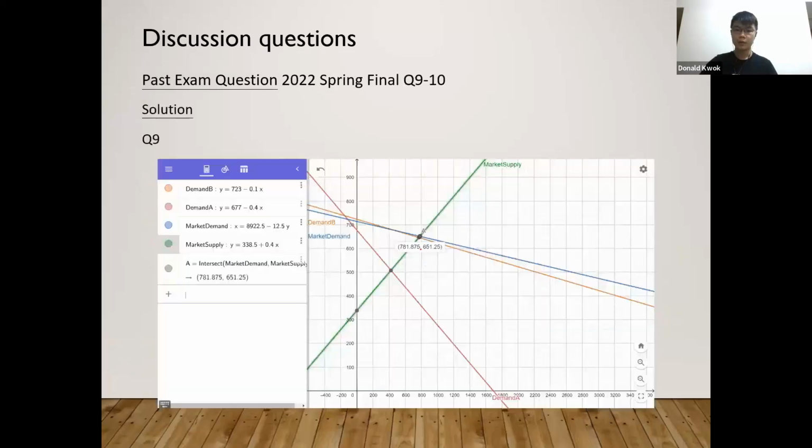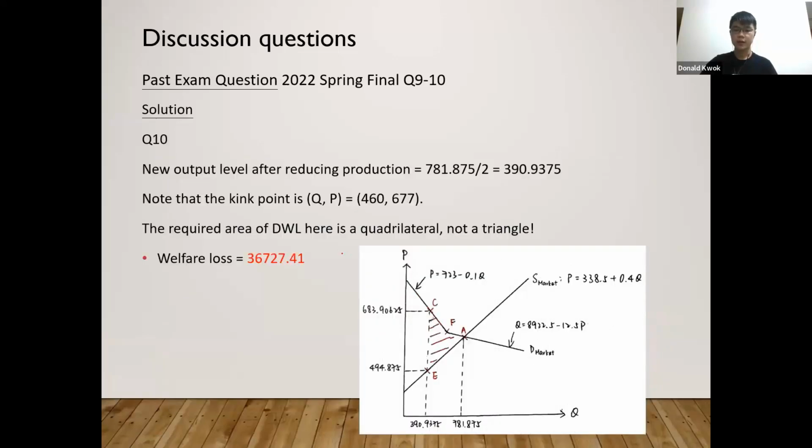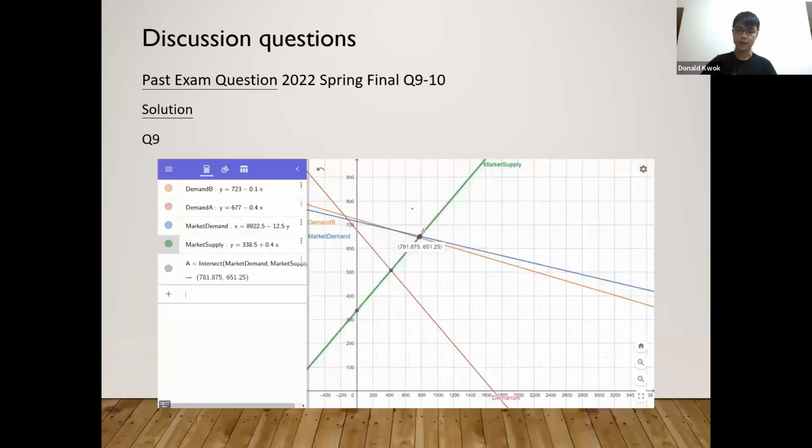The intersection between the combined demand curve and the given market supply would be the equilibrium point. Graphically, it will be point A here. If you find the graph here not easy to view, then you can take a look at my drawings here, so you can better understand the position of the market equilibrium point. This point A in my drawing is actually the same point A in this screenshot.